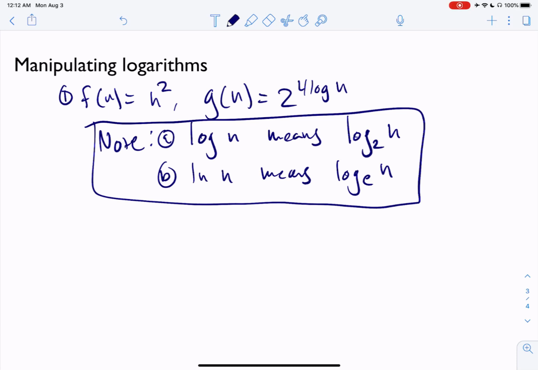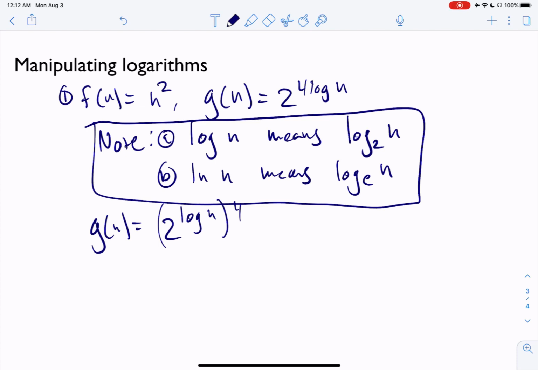So notice that g of n equals, one of the things we can do with this exponent is make this 2 to the log n, all to the 4. You can take exponents that are products of exponents and move one of them to a higher exponent on the outside.